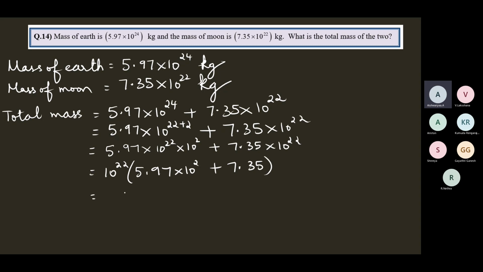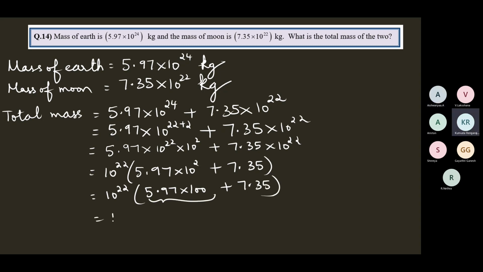So then it will be 10 to the power 22 in brackets, 597 plus 7.35. Correct, you're right, but I just want to give the step.